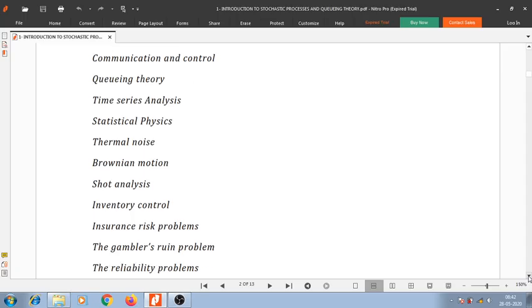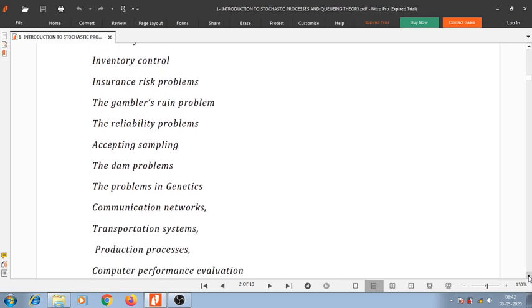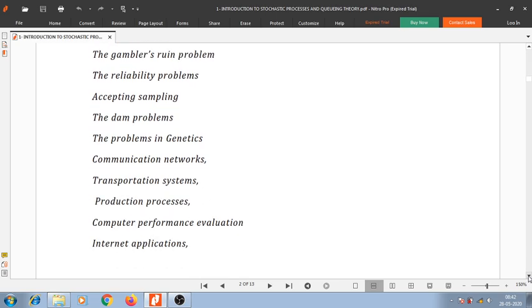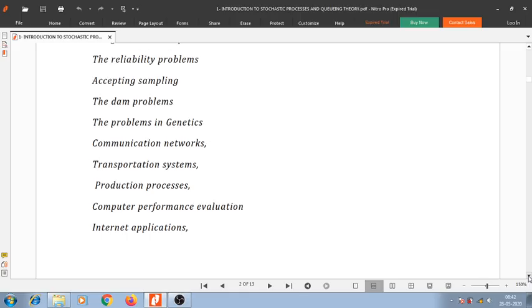These are much more useful for business or MBA people. And also acceptance sampling, dam problems and problems of genetics, communication networks, transportation systems, production processes, computer performance evaluation, internet applications, and so on.